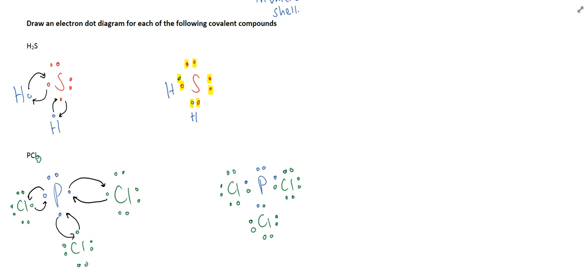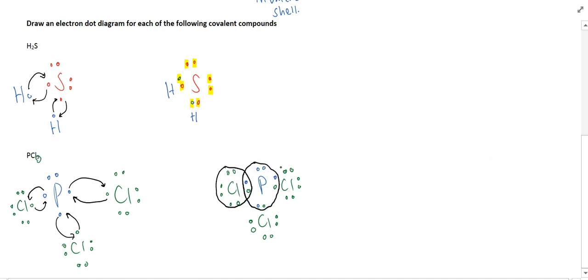Does each atom have an octet? Well, if we were to look at every single individual atom, we would find that each one can claim that it has an octet. Each atom has 8 electrons in its valence shell.